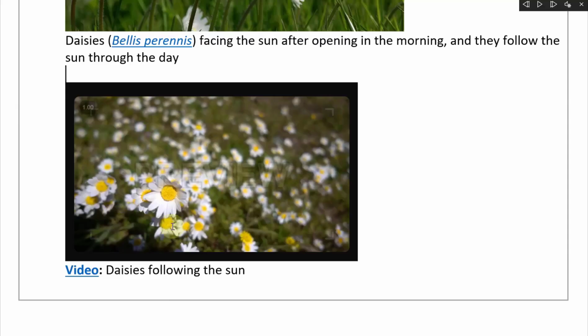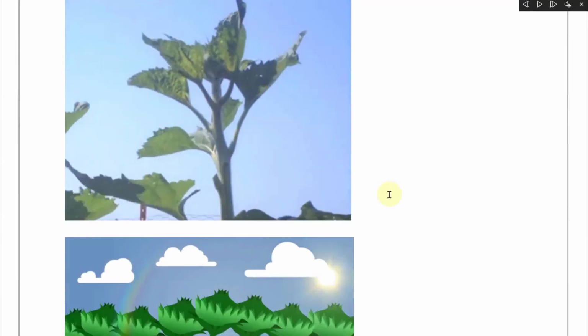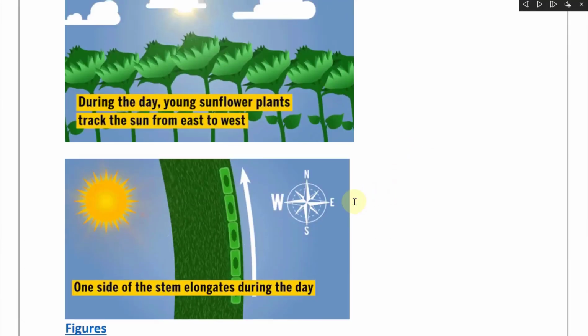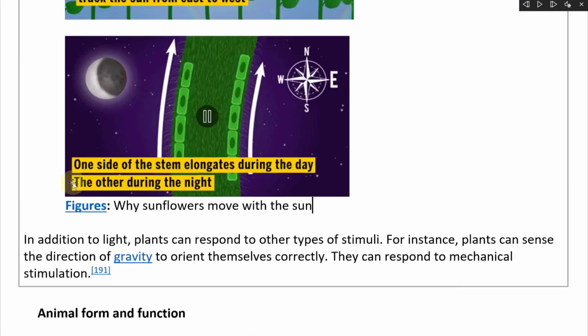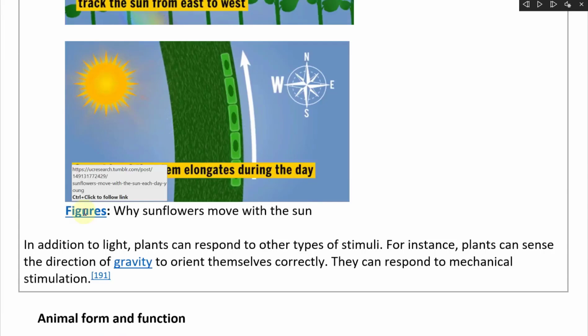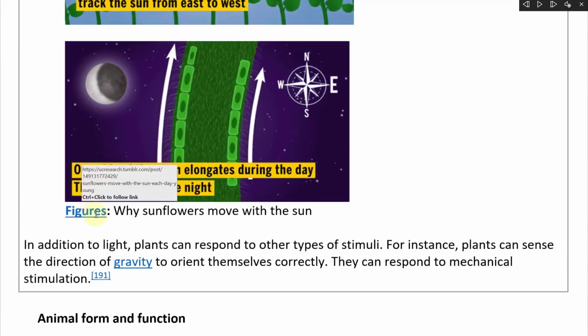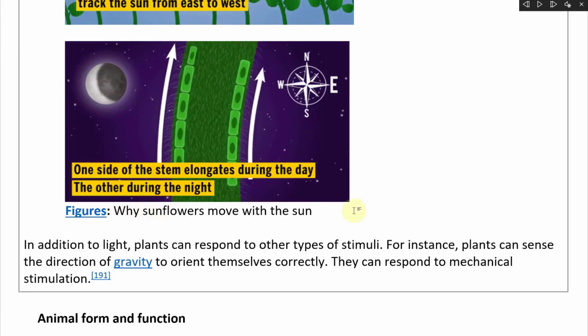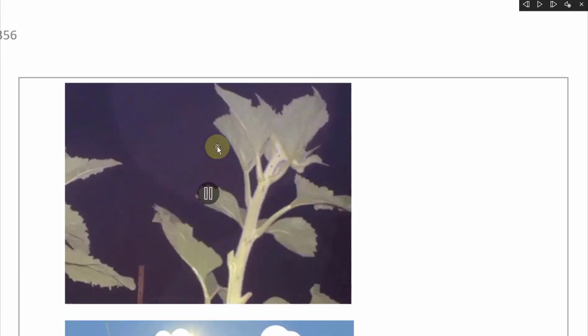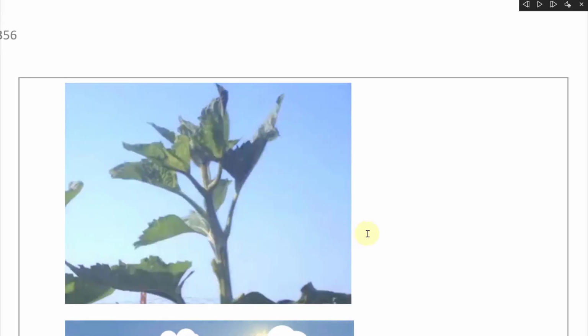Very interesting setup there. And here's another GIF, this one of a sunflower. These three figures are from ucresearch.tumblr.com. Basically, this is why sunflowers move with the sun. Here's a time lapse of it, and you notice it going side to side.